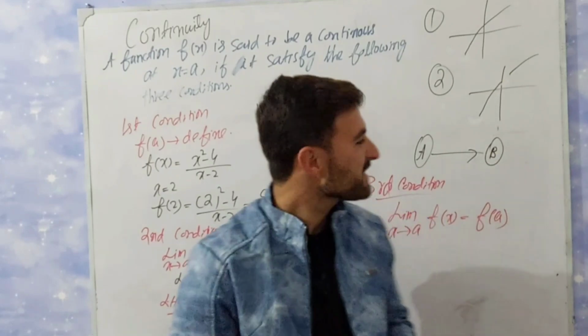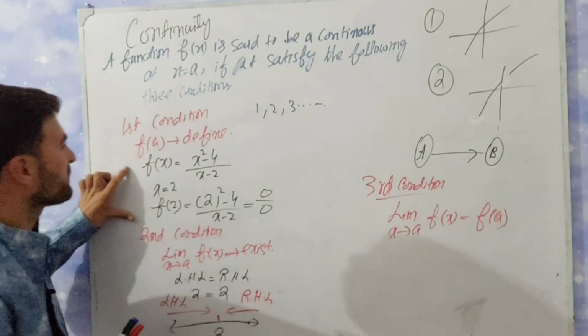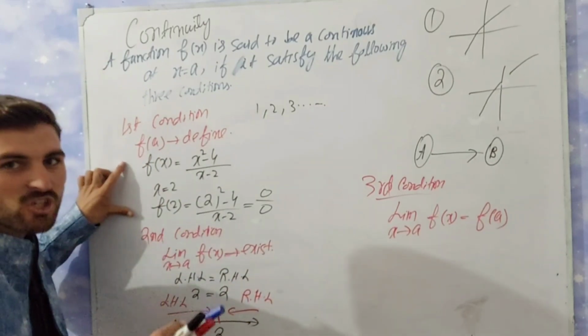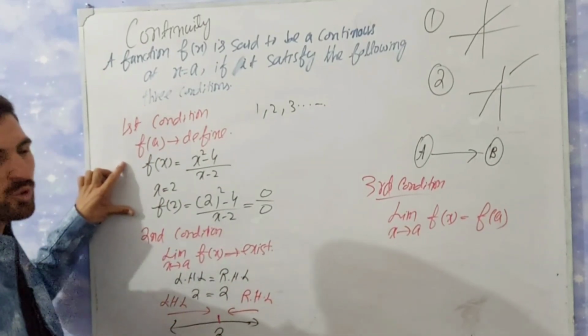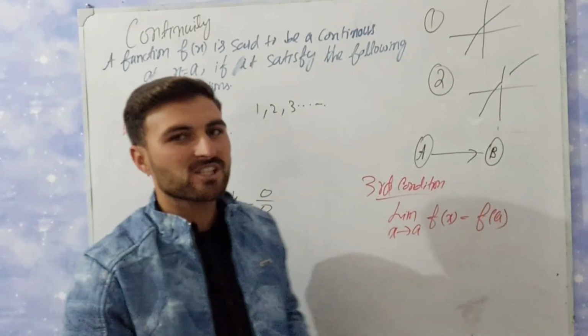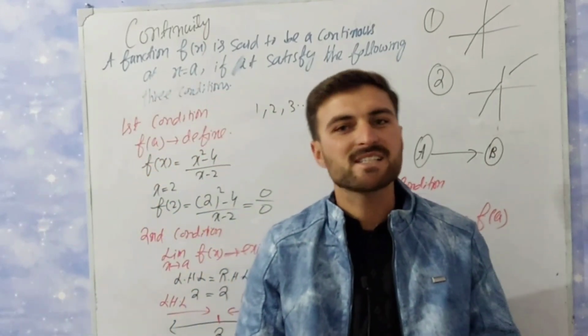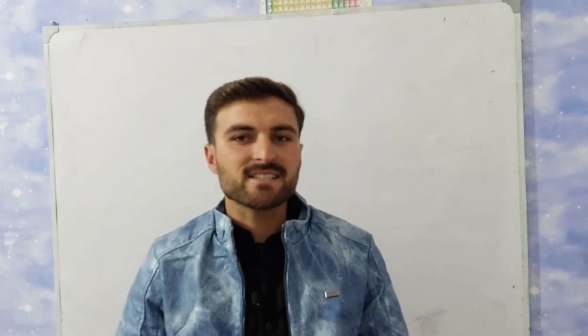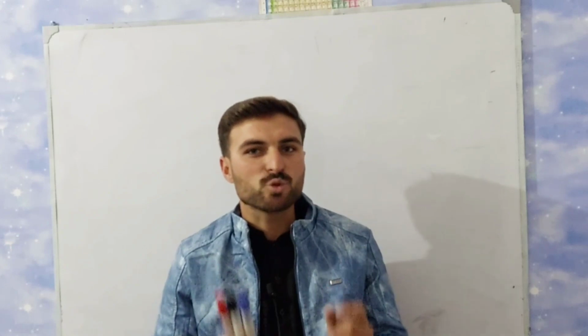So these are the three conditions, or the 3-step test, through which we can know whether the function is continuous or discontinuous. After discussing the 3 conditions of continuity, let's solve one example on those three conditions.